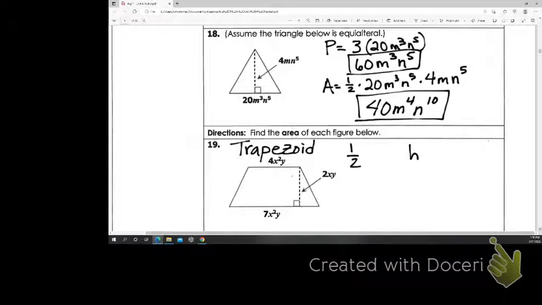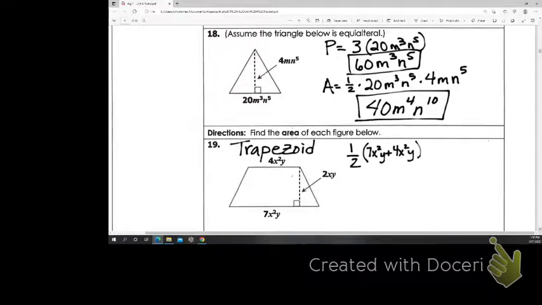So we use a half because we're going to average those bases, kind of because if you thought of it like a rectangle, the length's not the same. And so what we do is we add that bottom and top together because we're basically averaging them. Except I shouldn't have written my h over here yet. I don't need an h. I'll be writing 2xy there.